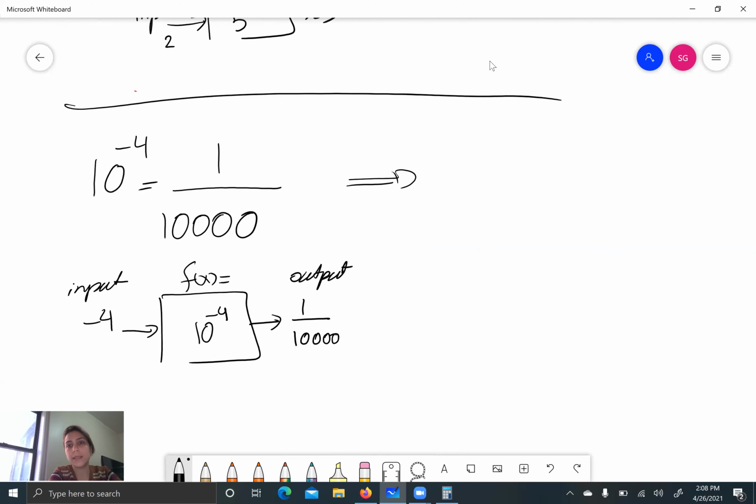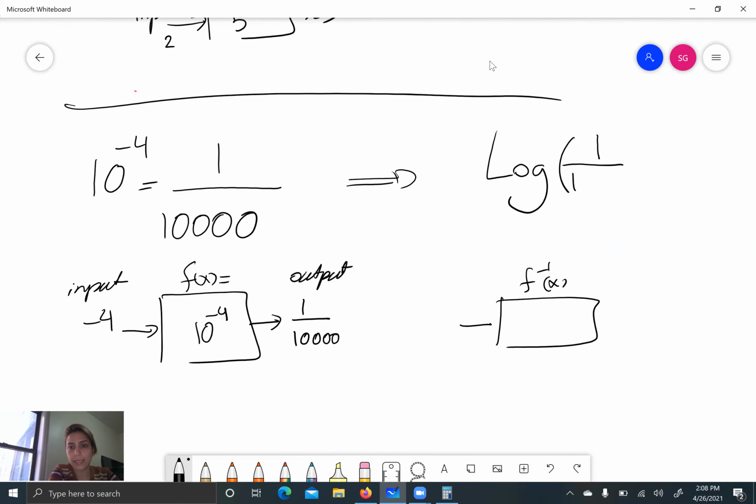Okay, the logarithmic function is the inverse function. So the inverse function should take the output value and return the input value. So it should take the output value. And what is the base, by the way? Because I need to put the base here as well.